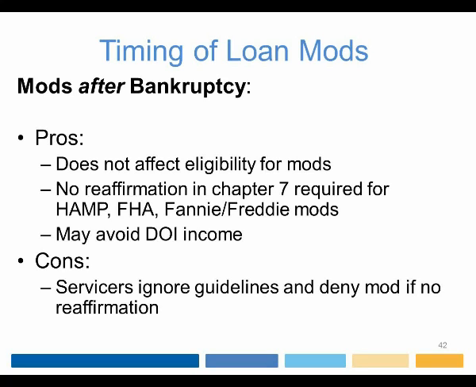I don't know. The other final thing is, again, as we go into this new regime of the CFPB regs, I think what you need to do is, if the servicer just says to you, we're not even going to accept an application because the debtor didn't reaffirm, then I think you want to be threatening them. For those of you who are lawyers, be thinking about bringing a court action against them under the CFPB rules.